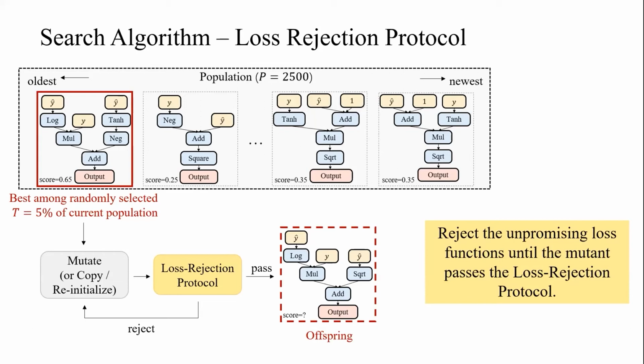We develop a fast rejector that efficiently filters out the unpromising loss functions which cannot optimize towards a target evaluation metric. If the generated offspring is unpromising, we reject it and repeat the mutation until the offspring passes the loss rejection protocol. As there are a large amount of unpromising loss functions, this technique can skip many unnecessary network trainings.